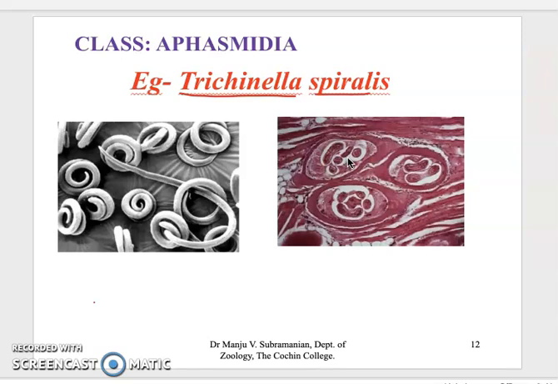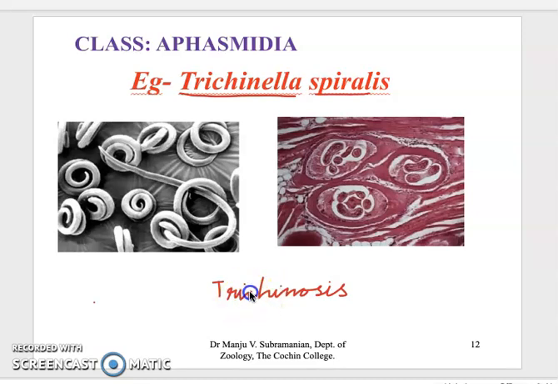Trichinella is a genus of parasitic roundworm of the phylum Nematoda, and it causes a disease called trichinosis. That is the name of the disease that is caused by Trichinella.